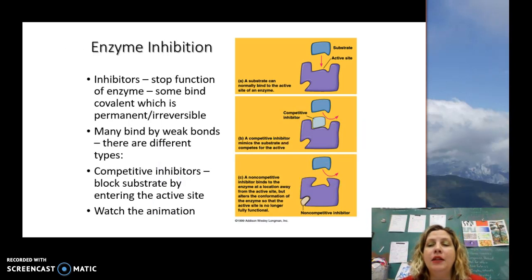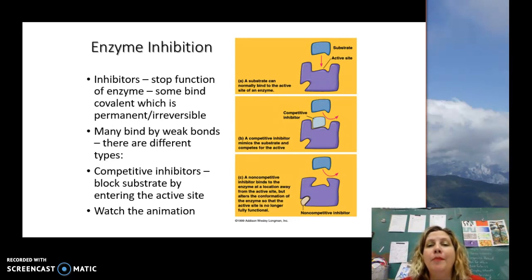Okay. Enzyme inhibition. So it's important that enzymes can be inhibited in some ways, although sometimes this can be a negative. Inhibitors stop the function of an enzyme. Some bind covalently, which is then permanent or irreversible. So if something else binds to the active site, that's a competitive inhibitor. If it binds covalently, that means the enzyme no longer can work.